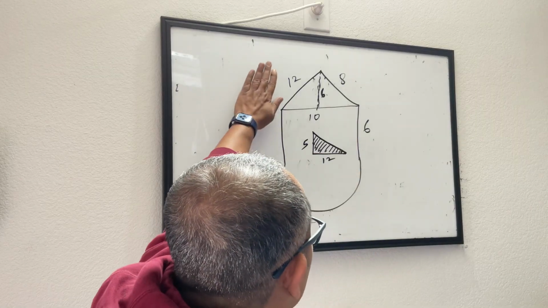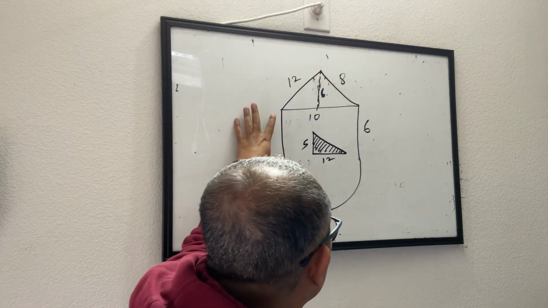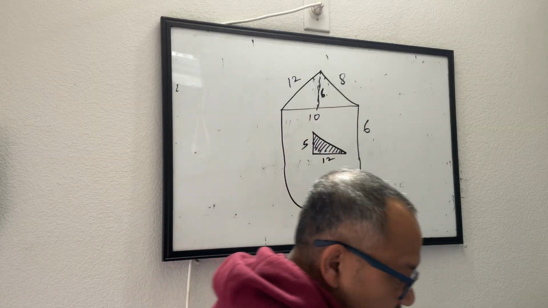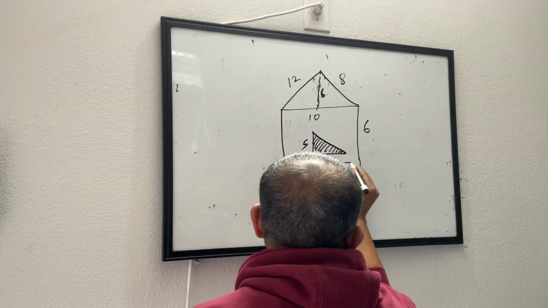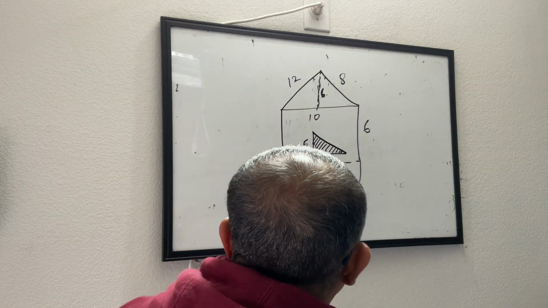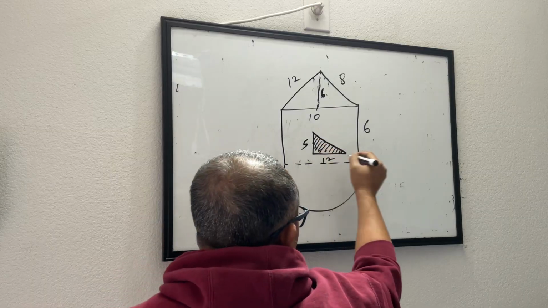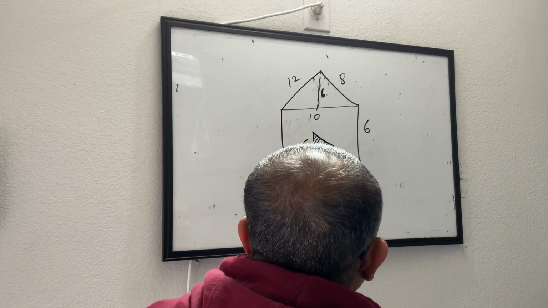So I have a shape here. At the top, what you see is a triangle. In the middle, what you see is a rectangle. So I will just probably draw a small line here. So this is a rectangle. And then I have cut a right angle triangle in the middle, okay?